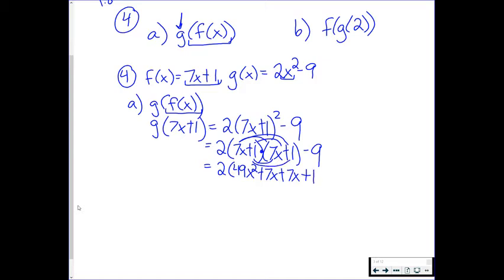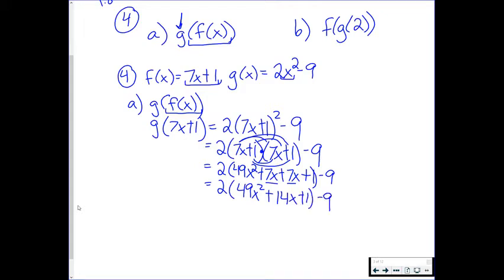And 1 times 1 is 1. I'm going to leave that in parentheses because I'm still simplifying it. Because you have like terms, 7x and 7x makes 14x plus 1.